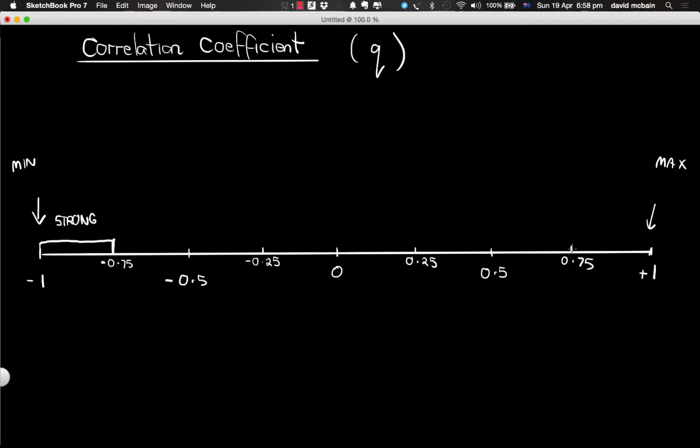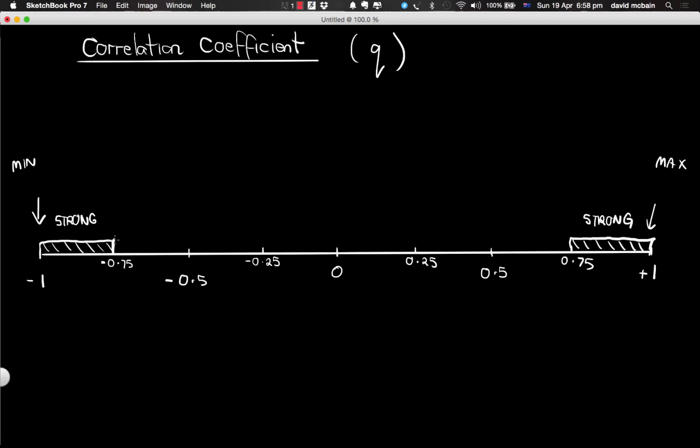On the other hand, if you get a value between 0.75 and +1 over here, that's also strong, but that would be a strong positive correlation coefficient. So anywhere between -1 and -0.75 is strong negative, and between 0.75 and 1 is strong positive.